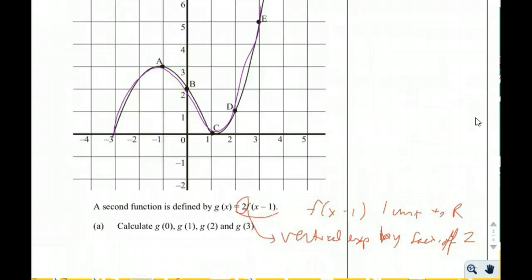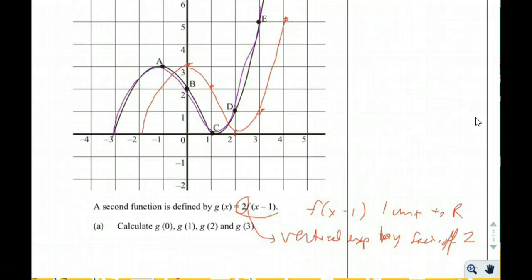So, for example, the first thing we're going to do is move it over 1. Point A moves over 1, point B moves over 1, point C moves over 1, point D moves over 1, point E moves over 1 in the right direction. So it kind of looks like this.